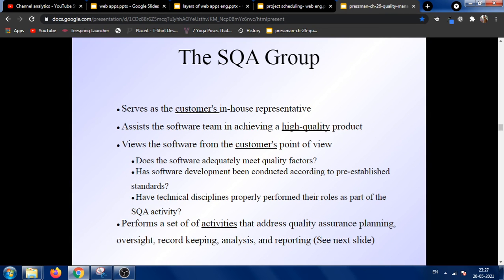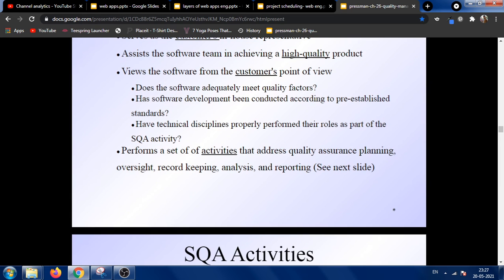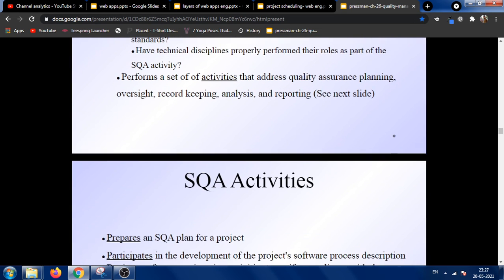Once the product is developed, the customer is asked how far the quality has been achieved, whether they have any feedback on the product, whether they feel the product is okay, and whether the product or its quality can be improved. Those things can be recorded through quality assurance planning, record keeping, analyzing, and reporting. Those things also help to bring about software quality assurance.